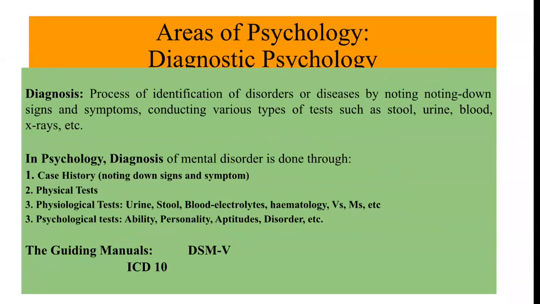And then come the physiological tests, which determine some kind of bodily dysfunction through stool, urine, blood electrolytes, hematology, vitamins and minerals. For example, deficiency of vitamin D and vitamin B12 causes depression or inadequate function of the brain.